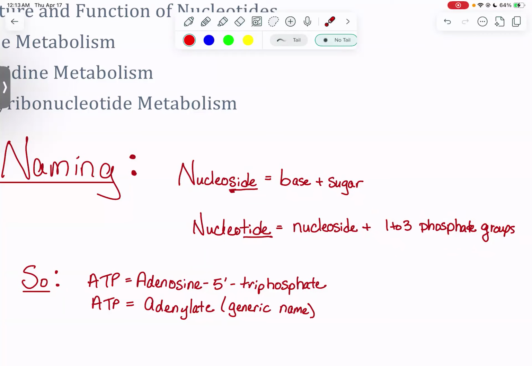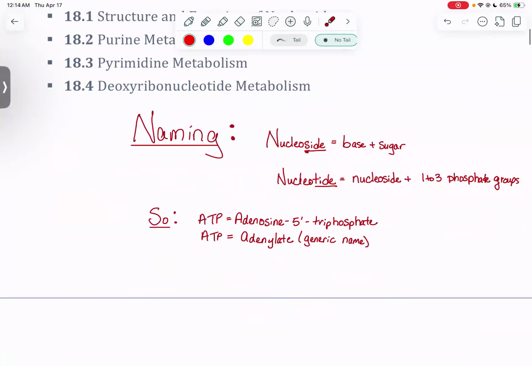If I have ATP, you know this, adenosine 5' triphosphate. But sometimes what you're going to hear is that it's called adenylate. Adenylate is kind of like the generic name instead of being super precise with it. So just be aware that you're going to hear both of them.